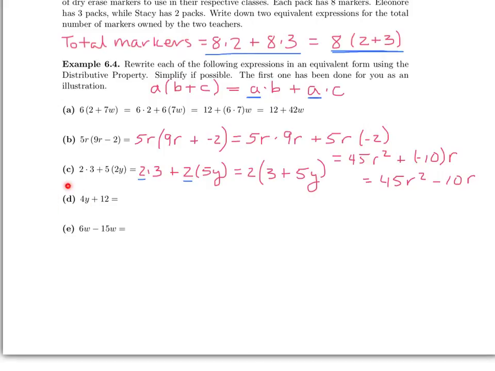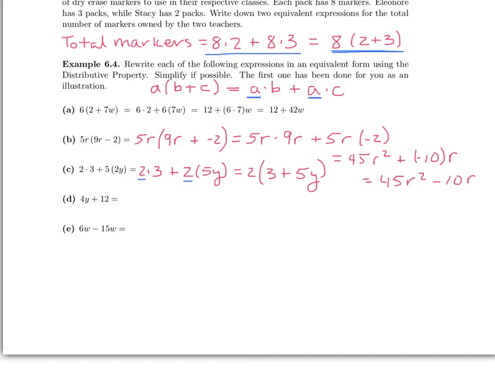Now let's look at part D. This quantity is also in this form. We need to identify the a. What is the factor that is common to both of these terms? Well, 4 is a factor of the first term, and notice that 12 has a factor of 4 inside it as well.